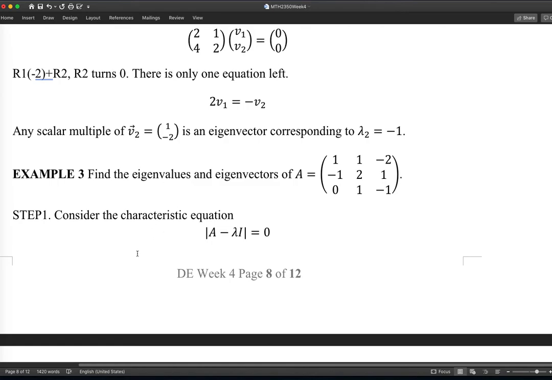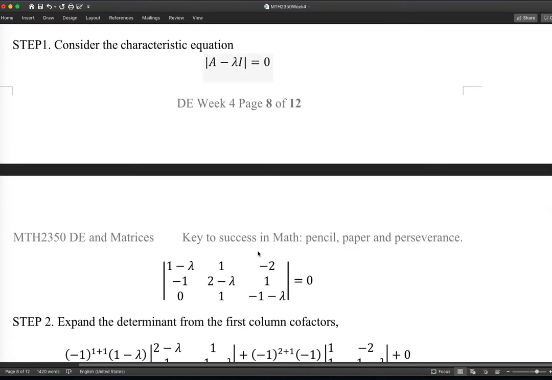The first step I did here is just to consider the characteristic equation, A minus lambda I. It is the determinant based on this matrix, only in the fashion of A minus lambda I. Let's take a look at what A minus lambda I is. It might look pretty complicated, even for 3 by 3.